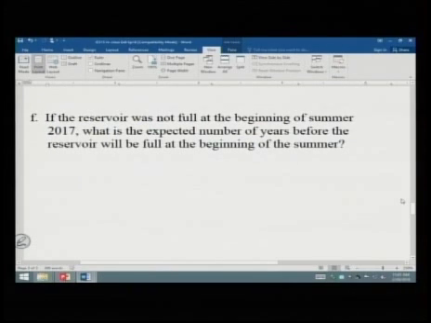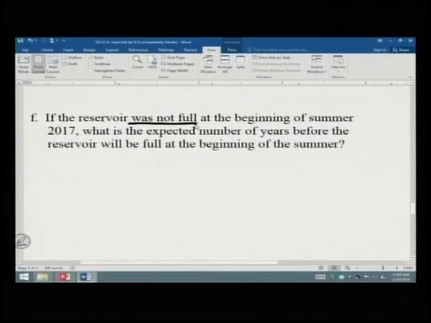So which information do we have to use for this? It's saying that starting from the reservoir not full, right?